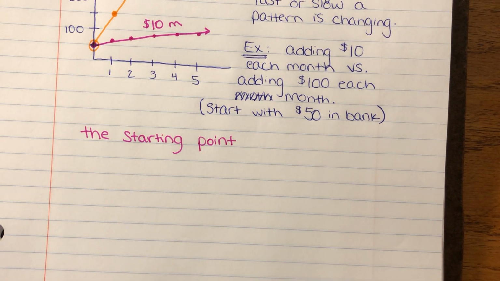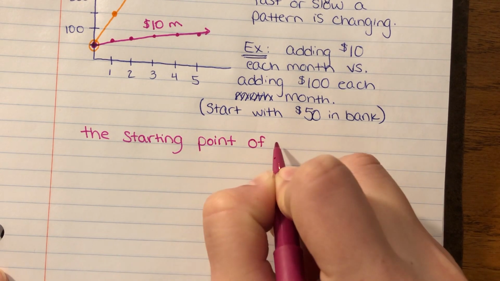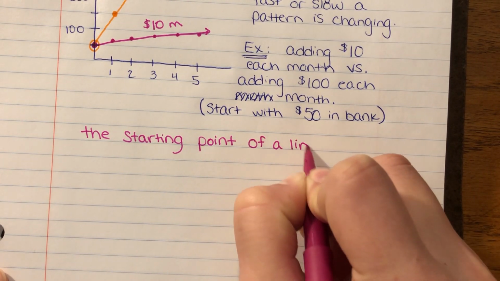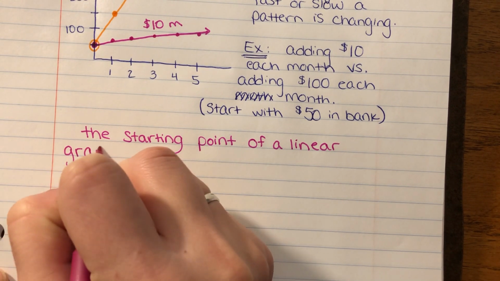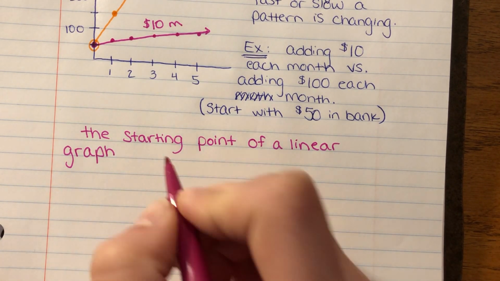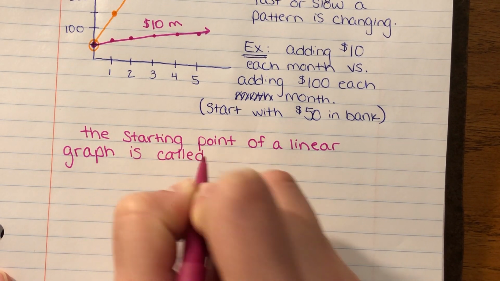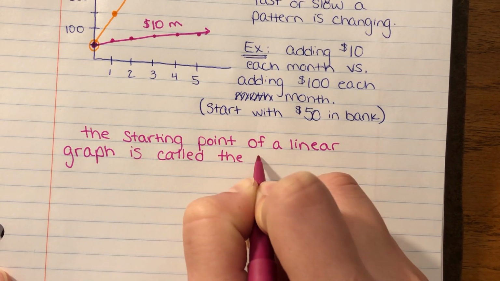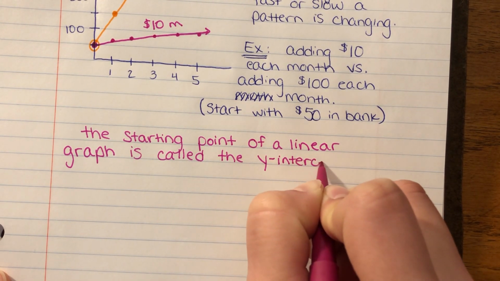The starting point of a linear graph is called the y-intercept.